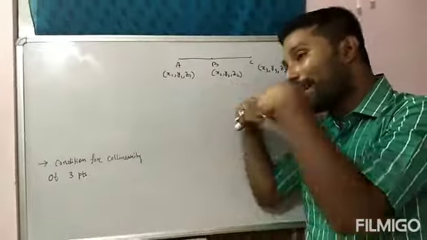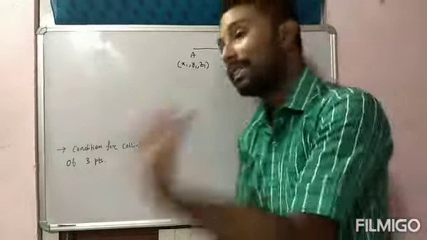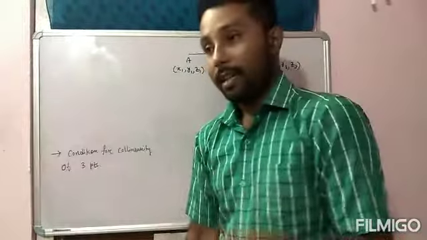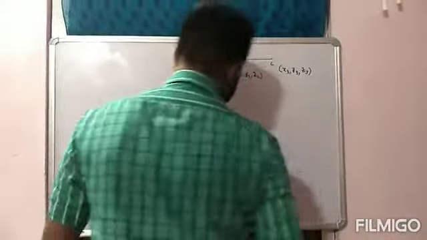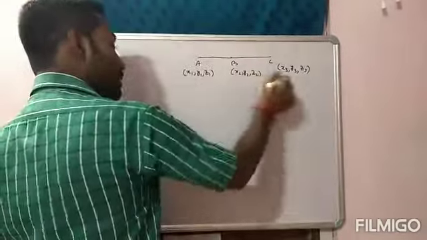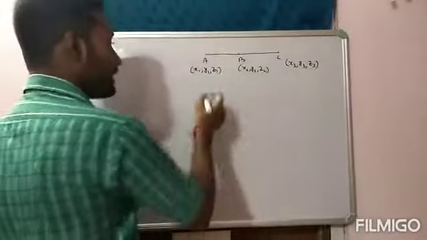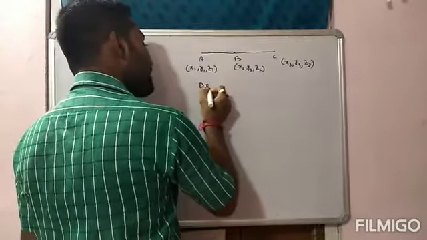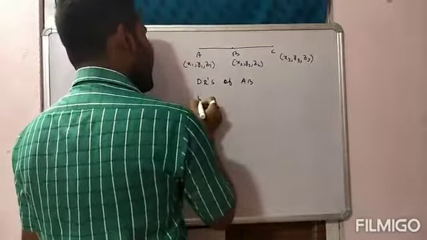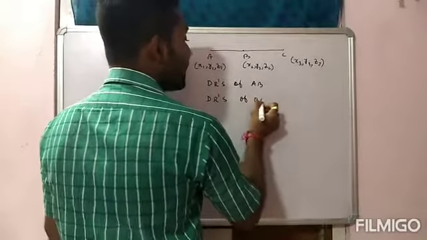But numerically, when we have to solve, how do we check whether the 3 points are collinear or not? The condition is, suppose there are 3 points. Whenever 3 points are given and you are asked to check the collinearity, first find the direction ratios of AB and then find the direction ratios of BC.